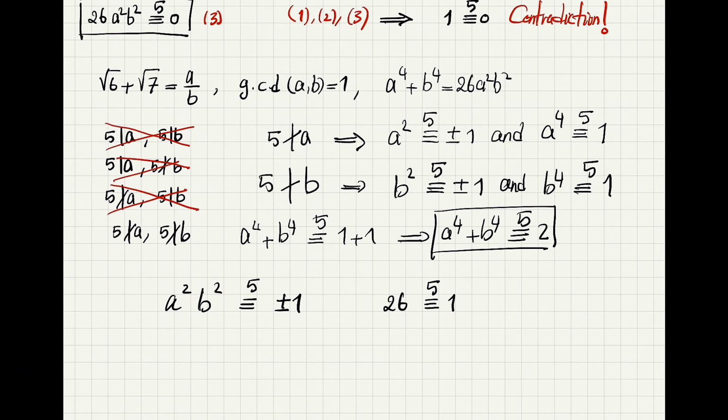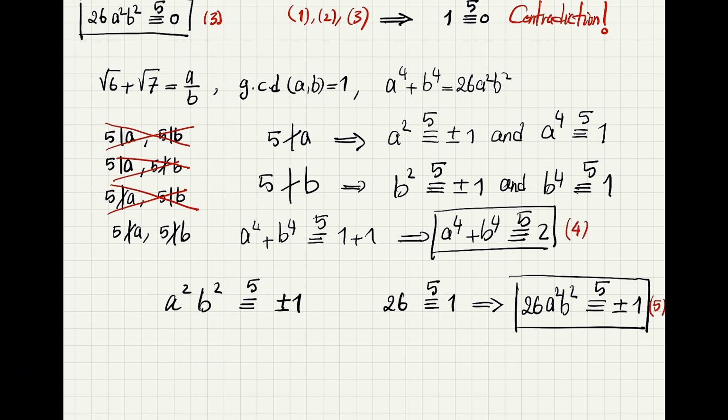Now if I multiply these two, what I get is this. I get 26 A squared B squared is congruent to plus or minus 1 modulo 5. Yes? But on the other hand, let me call it number 4, 5, and then I have relation number 1 again as before. So now using 1, 4, and 5, what I get is that 2 has to be congruent to plus or minus 1 modulo 5.